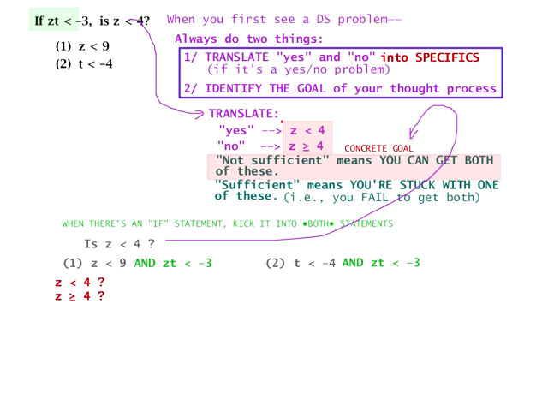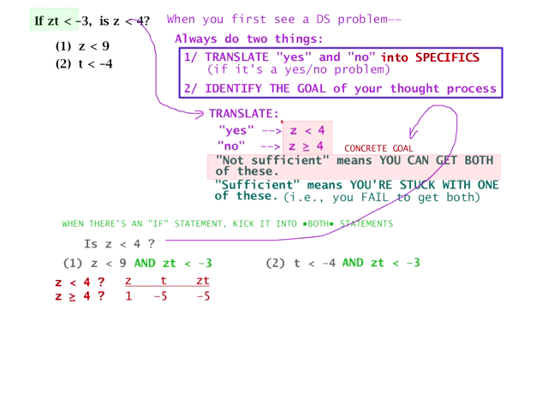Exactly. So if you have z equals 1, let's just make a table, z, t. If z is 1 and t is -5, then zt is -5.